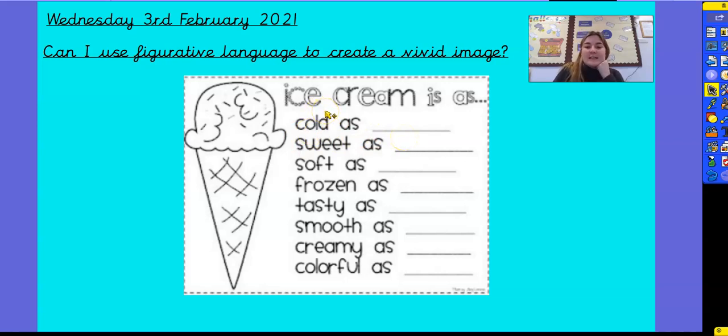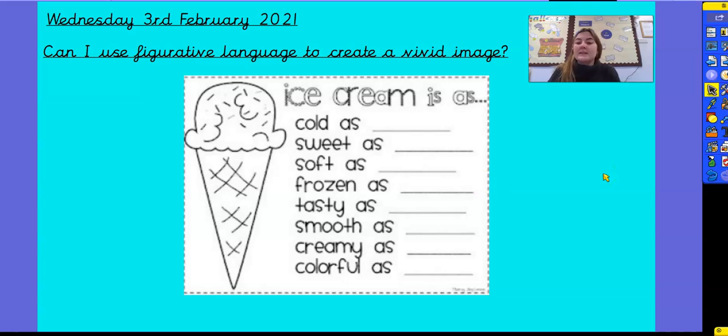Well, it's got ice in it, so maybe that's not the best example, but ice cream is as sweet as 1,000 strawberries, or ice cream is as colourful as a rainbow. So it's up to you how you want to finish those sentences. So pause the video now and have a go at that activity to get us started with today's lesson.